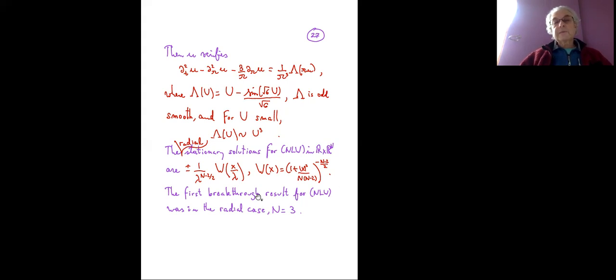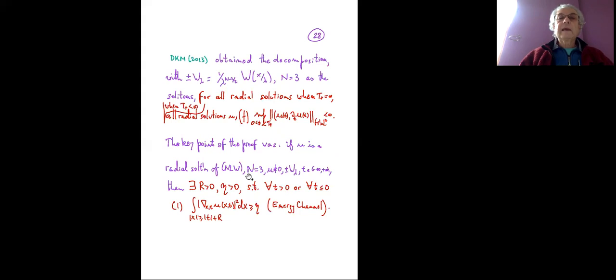So the first breakthrough result on soliton resolution for the nonlinear wave equation was in the radial case, n equals 3, where with Duyckaerts and Merle, we proved this decomposition, where the solitons are the static rescalings of this function W I wrote before, when n equals 3.